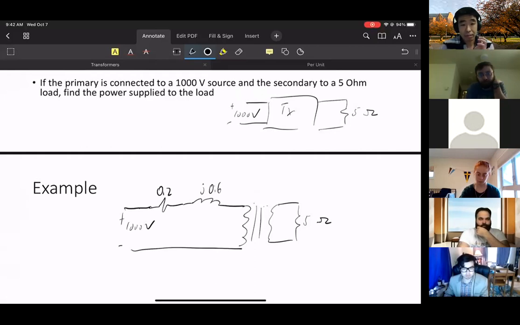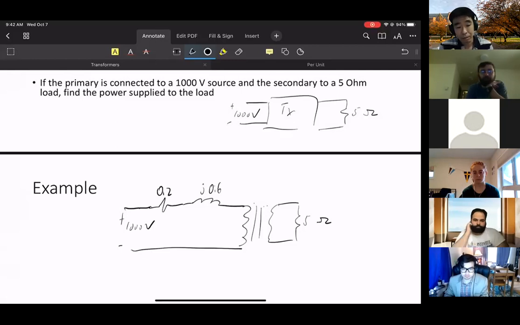So how do we solve this question now? This is our transformer model, and how do I find the power delivered to the load? As Ethan says in the chat, for all this type of question, the first thing you do is reflect the load from secondary to primary.